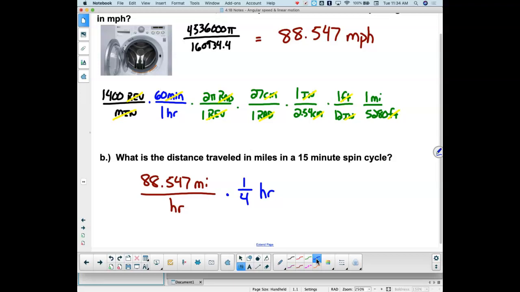Because 15 minutes is 1/4 of an hour. So it travels a total of 22.1368 miles. Roughly the distance from here to Merrill.